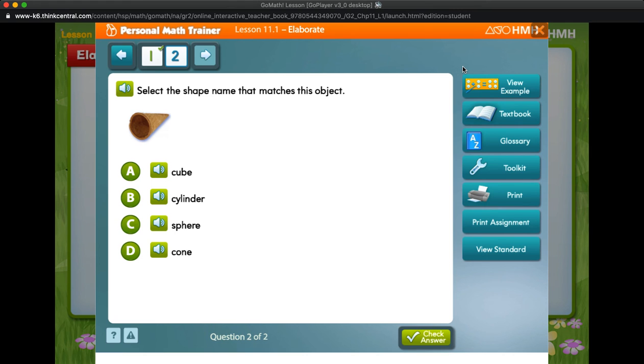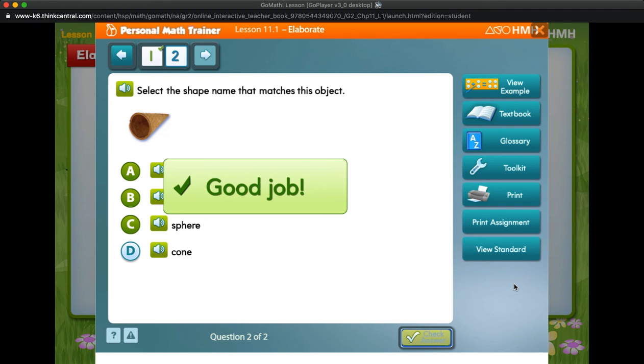What would be something that we would need to know to figure out this object? Well, we look at the object and we notice that it only has one circular surface. And if you remember, the cone was the object that described itself as having only one circular surface. So that's how we know that it's a cone. All right, so our option is D. Good job!